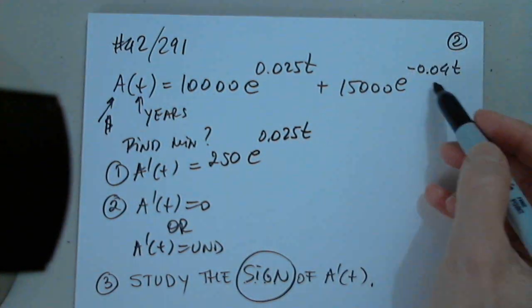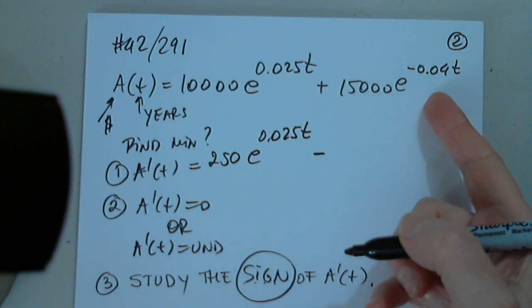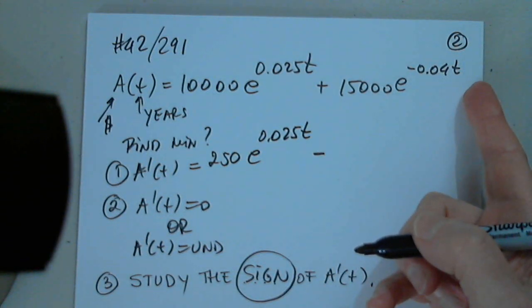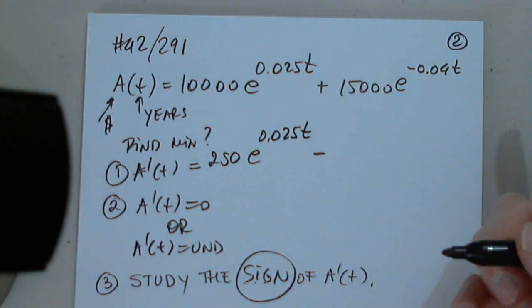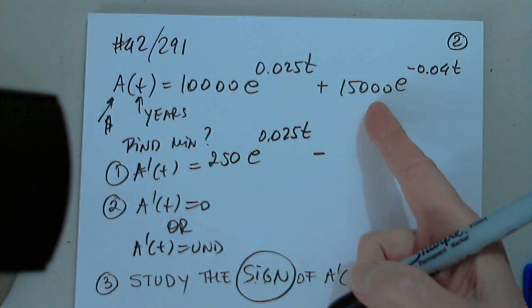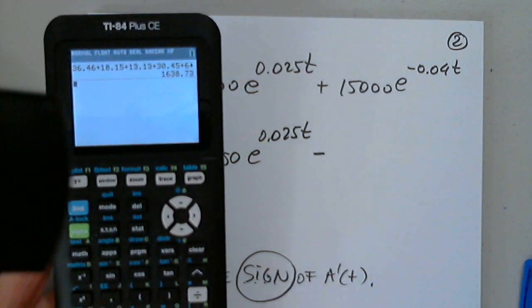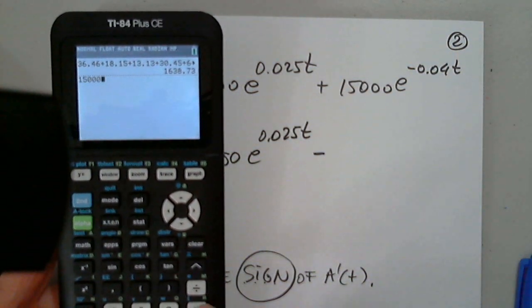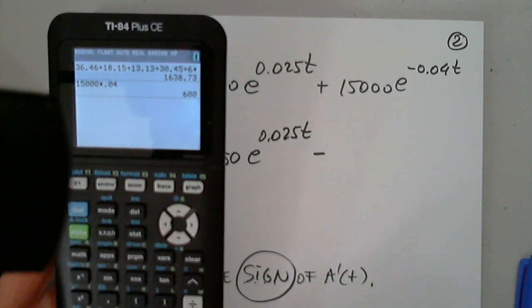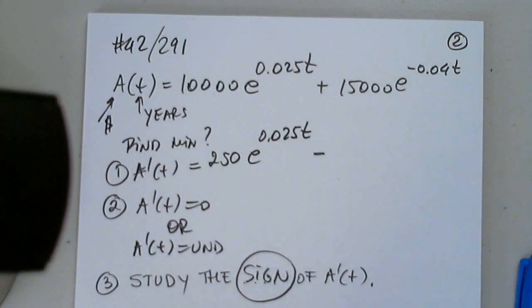Here, this is a negative number, so when I differentiate, it will be negative 0.04, right? Times e to negative 0.04, and times this. So you got that. Is it 600? So 15,000 multiplied by 0.04. 600. Excellent.